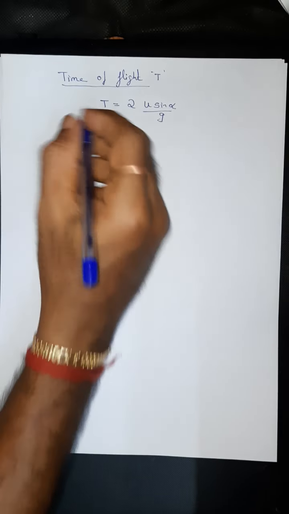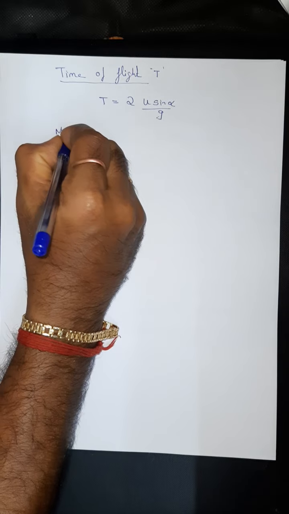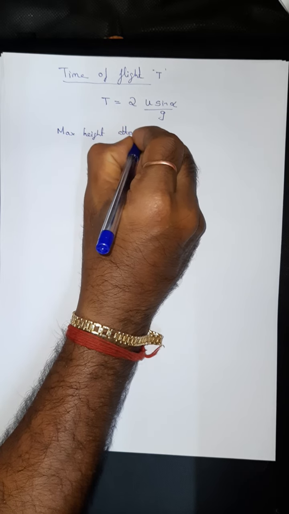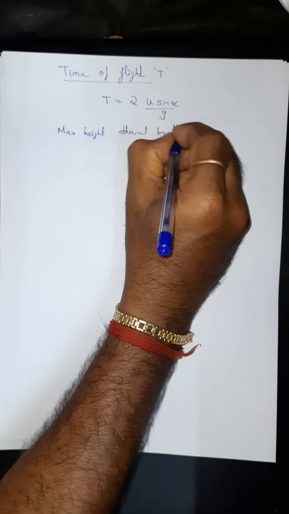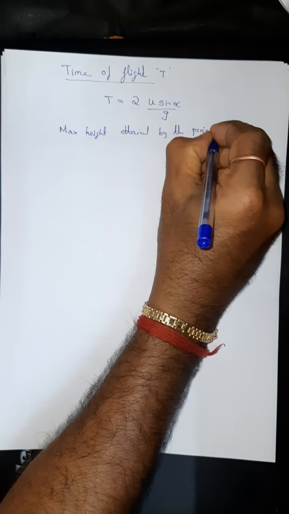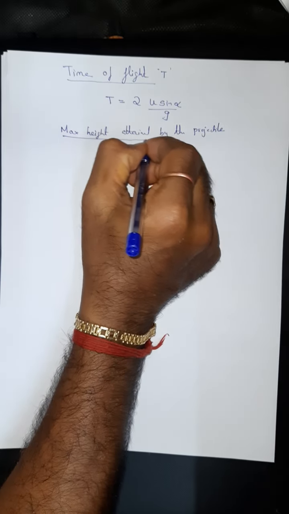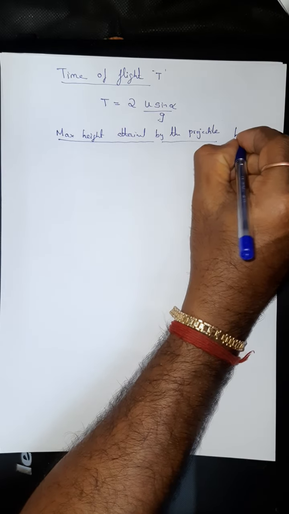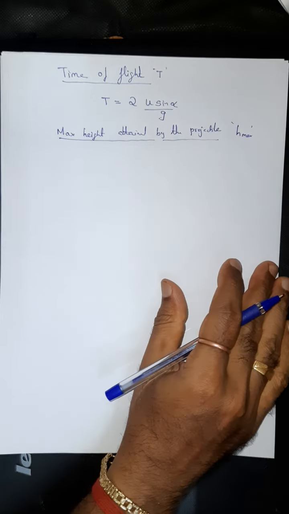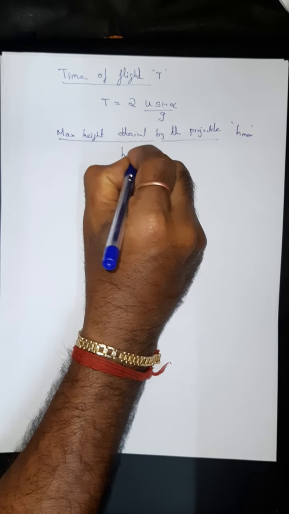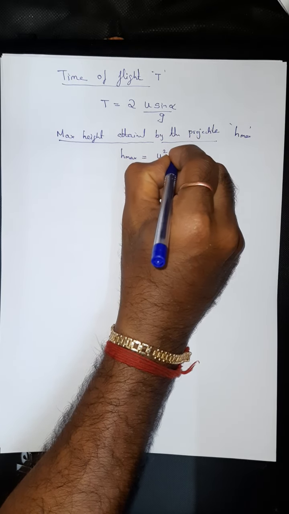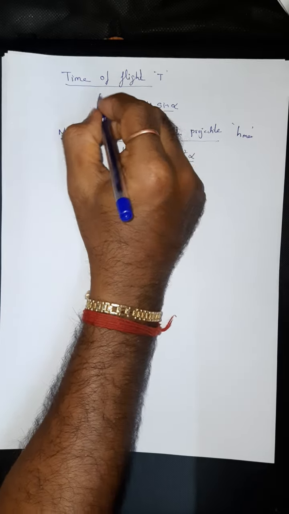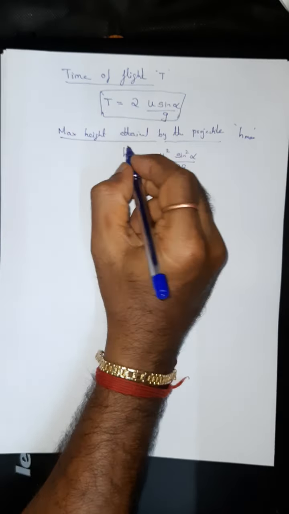Next, the maximum height attained by the projectile, h max, is equal to u square sin square alpha by 2g. Just memorize these formulas.